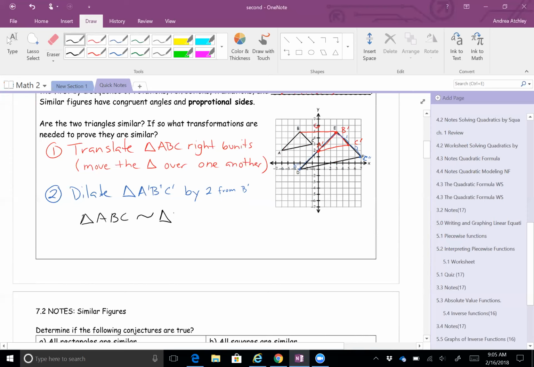D. What angle corresponds to B? E, and F? This is our similar symbol. Any questions over that?